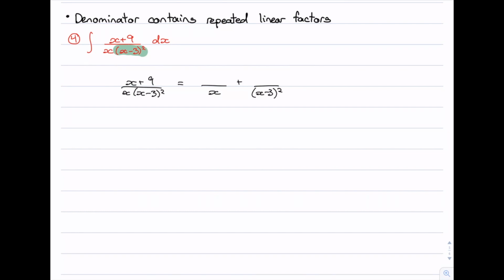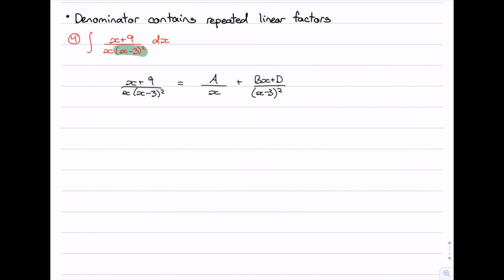And we know that the numerator has to have a degree less than the denominator. So in the first fraction, that means the numerator has to be a constant, a. And in the second fraction, the numerator has to have a degree of 1. So that's going to be bx plus another constant, which I'm going to call d. And you'll see why I call it d in a moment.